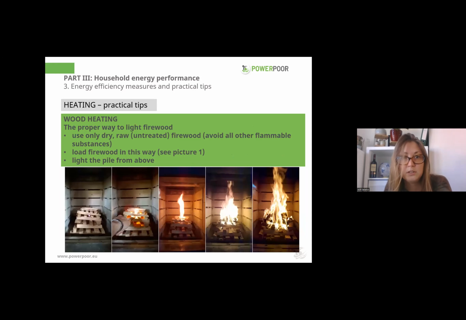In terms of wood heating, these are just a few tips on how to set up your furnace and the fire. But I guess this basic is known by everyone.